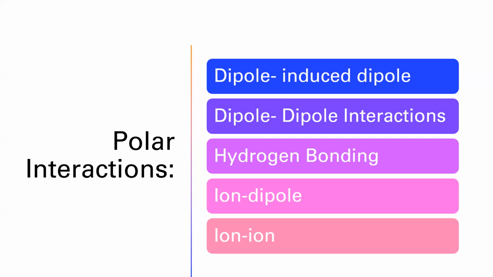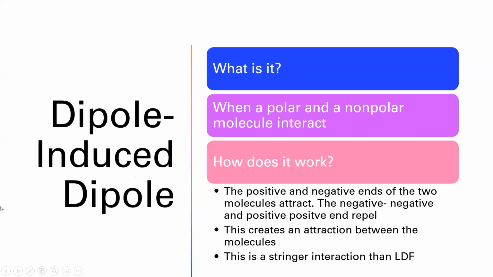So dipole-induced dipole, dipole-dipole, hydrogen bonding, ion-dipole, and ion-induced dipole. Dipole-induced dipole is just, well, see, I misspelled it again. Ignore that.